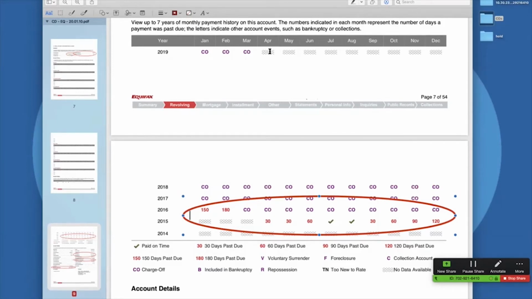We need it to say charged off. If you have a charge off, it's got to say charged off. If it doesn't, then you're truly activating a brand new late account, even if it shows charged off. Now, what's interesting is we'll look at this when we look at the other bureaus, because I'm going to use some of these same client files to show you the differences.